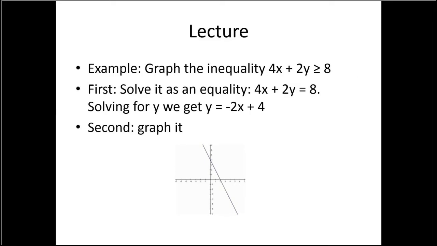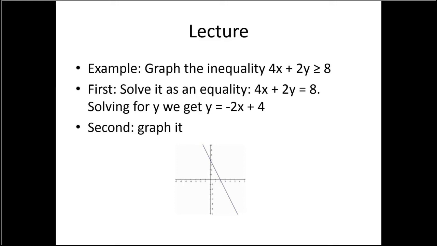Okay, so let's make this a little less abstract. So if we wanted to graph the inequality 4x plus 2y is greater than or equal to 8, the first step to doing that is to treat it as an equality. Okay, and then using the methods that we discussed in week 1, solve it for y and go ahead and graph it.